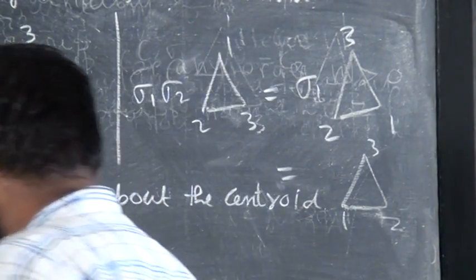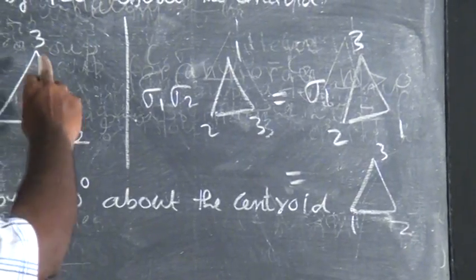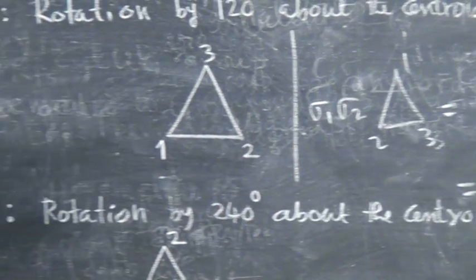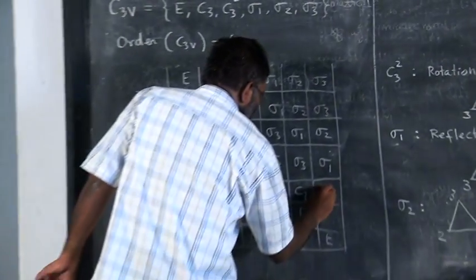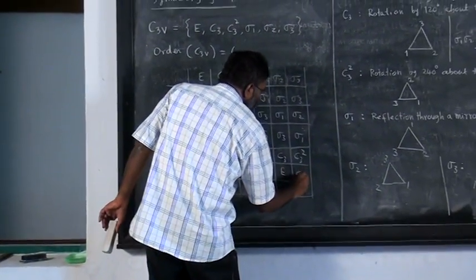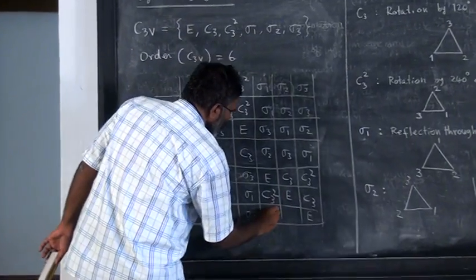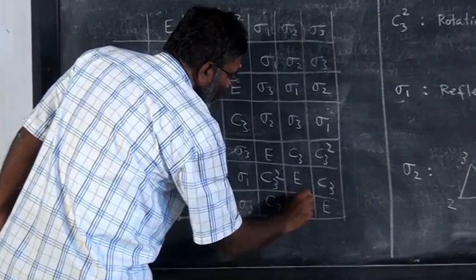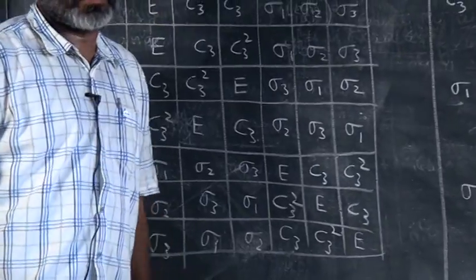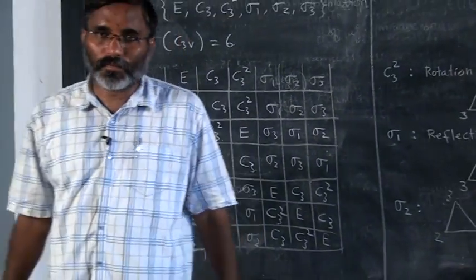So 3, 1, 2 is C3. So this is going to be C3. So this has to be C3², this has to be C3, this has to be C3², and this has to be C3, this has to be C3². So I can fill up other things by using the rearrangement theorem.